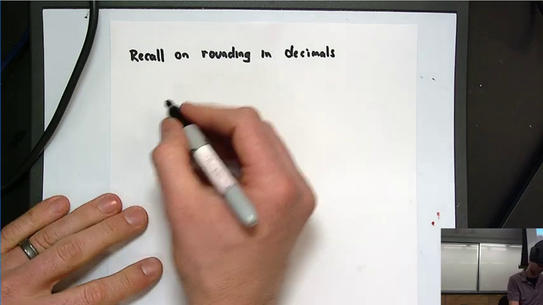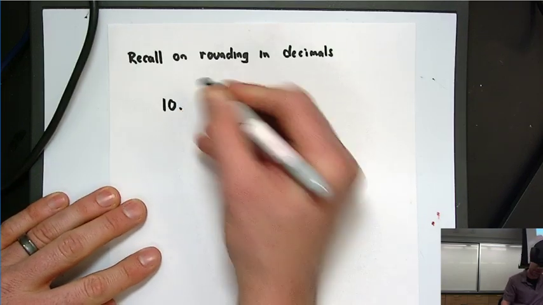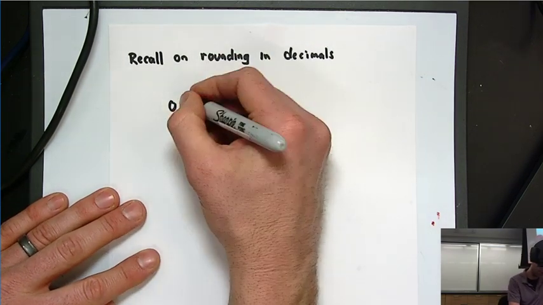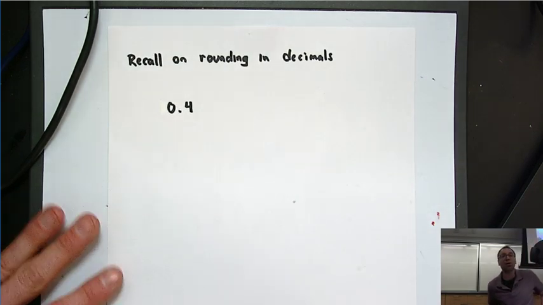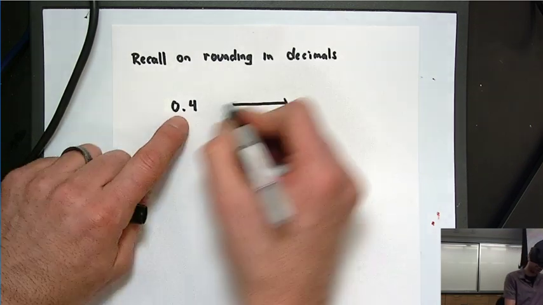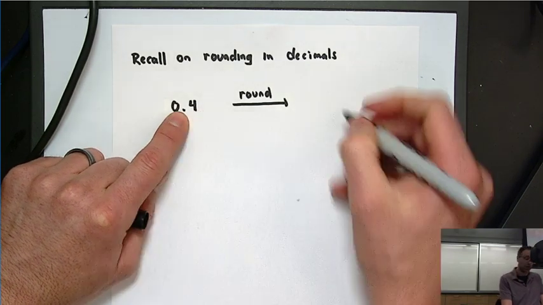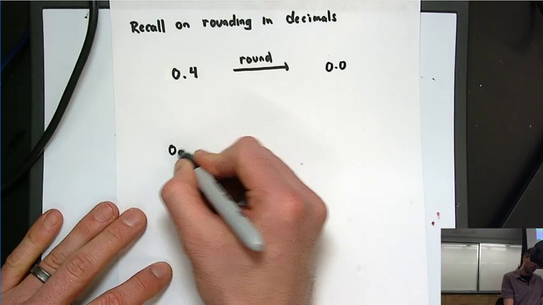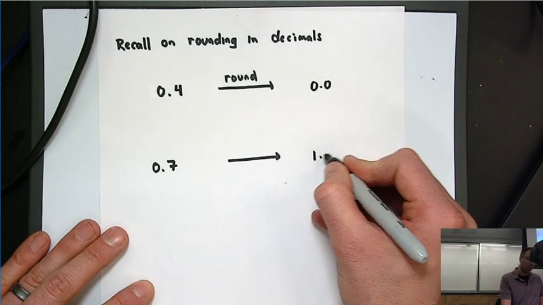Maybe what we should do is an easy version, let's just do 0.4. How would I round 0.4? Yeah, so whatever the last bit is, when we round it, this one goes down. So this thing would be rounded as 0.0. What about this one? 0.7. What's that rounded as? 1.0.